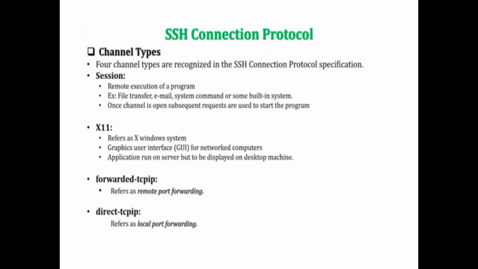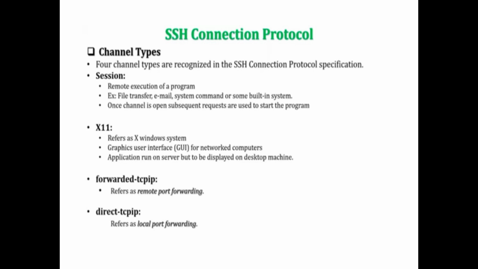And channel types. Four channel types are recognized in the SSH connection protocol specification. Session: remote execution of a program, for example file transfer, email system, command, or some built-in system. Once the channel is open, subsequent requests are used to start the program.